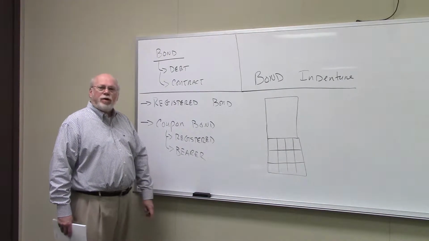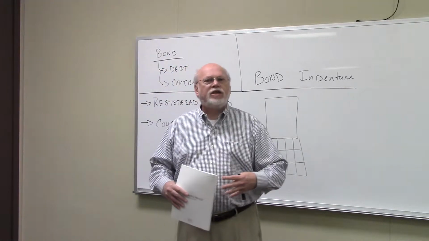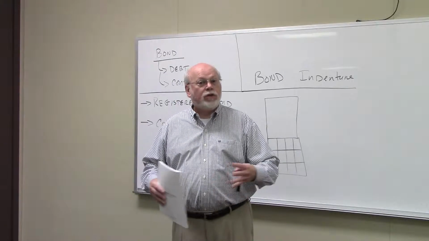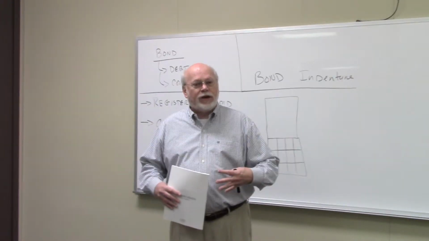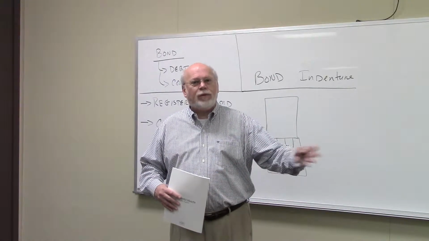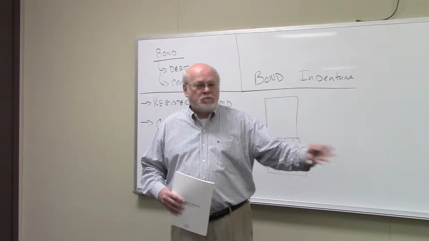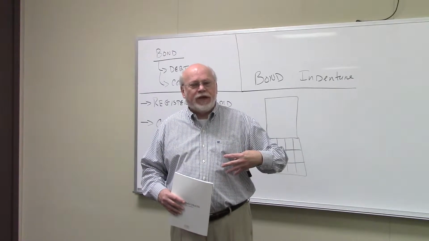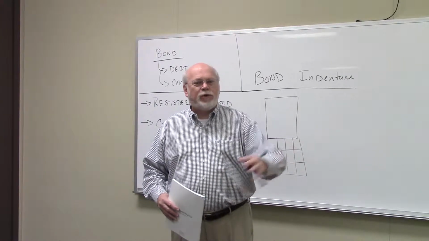With a bearer bond, whoever has physical possession of the bond gets all the cash flows, gets all the coupons. They own it. Literally, if you have a coupon bond that's a bearer bond, and you want to sell it to your neighbor on Sunday after barbecue or something, you agree to a price, they give you the money, you hand them the bond, they then clip the coupons and bring them to the bank.